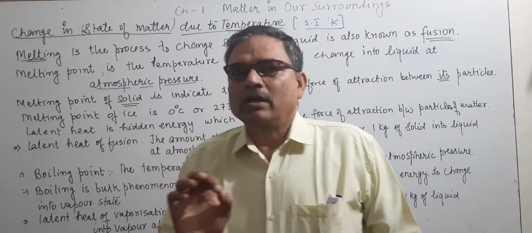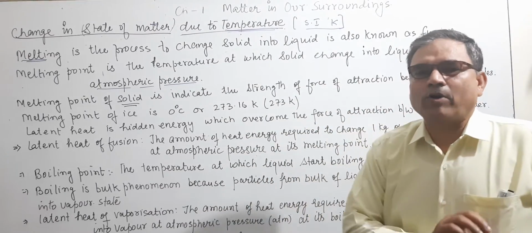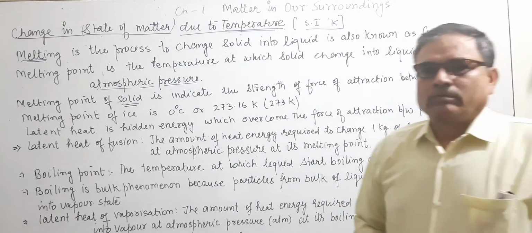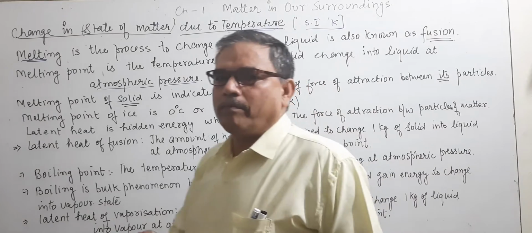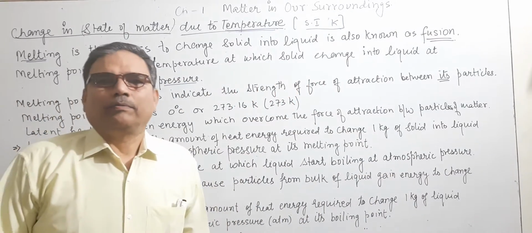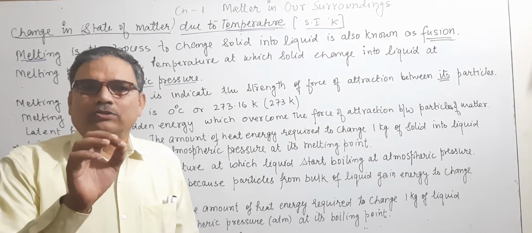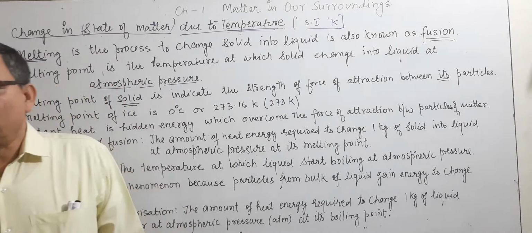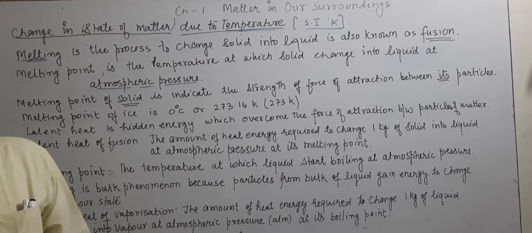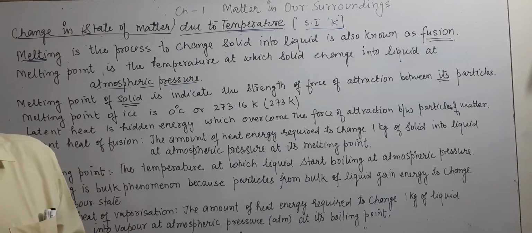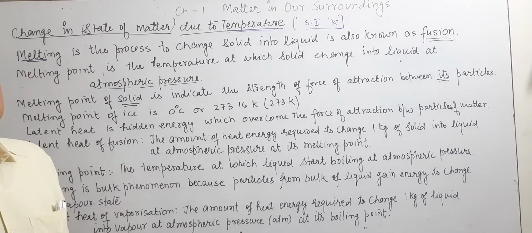That temperature is known as the melting point. Melting point means the temperature at which a solid changes into liquid, or a solid starts melting. Melting means change to the liquid state.